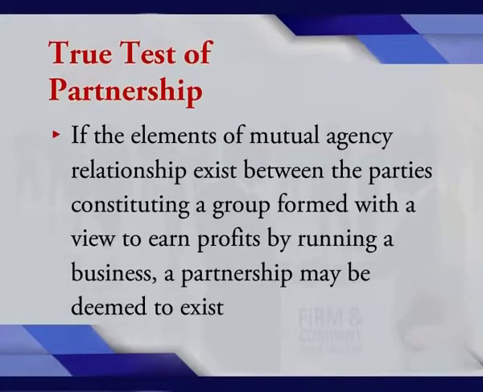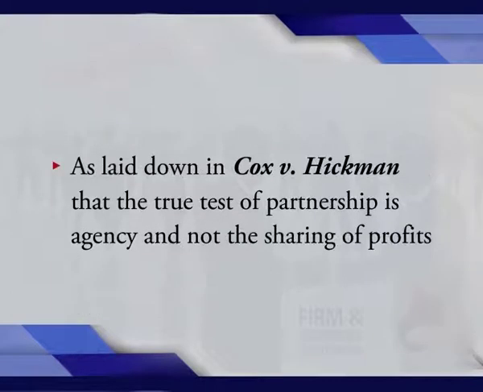If the elements of mutual agency relationship exist between the parties constituting a group formed with a view to earn profits by running a business, a partnership may be deemed to exist. Thus, as laid down in Cox v. Hickman, the true test of partnership is agency and not the sharing of profits.